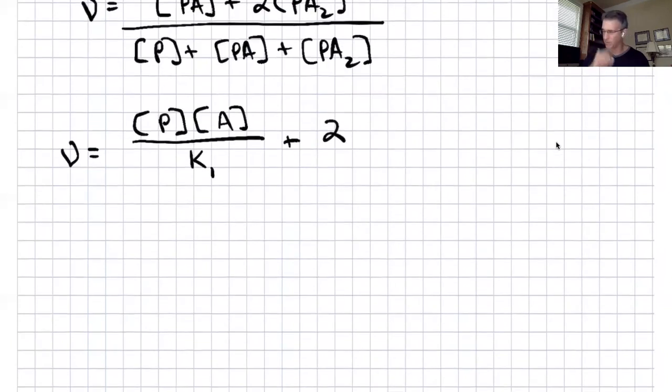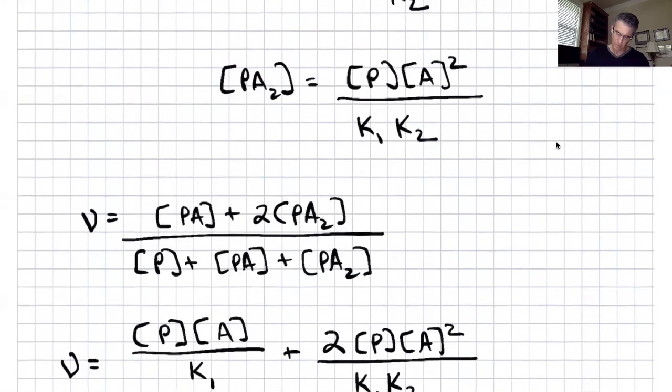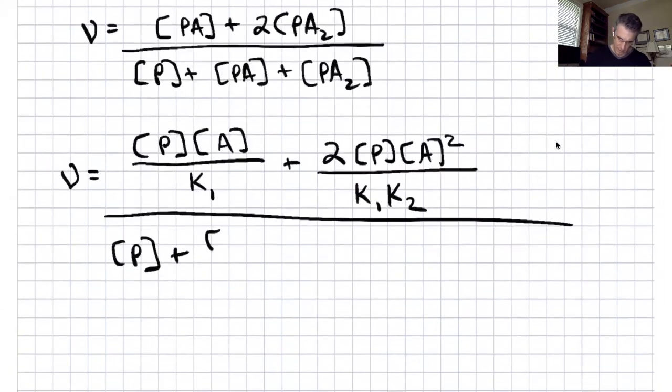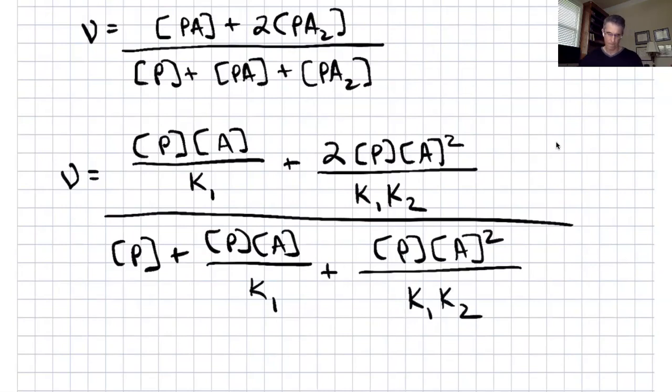So that's going to be 2 times the concentration of P, concentration of A squared, divided by K1 times K2, cool, divided by the concentration of P plus the concentration of P, concentration of A over K1 plus the concentration of P, concentration of A squared over K1 times K2.